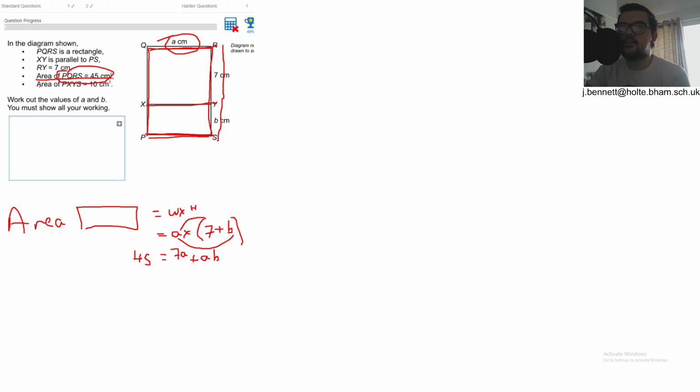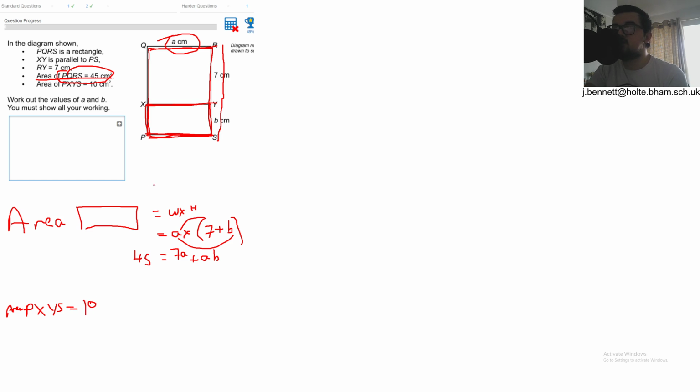Then it says the area of PXYS, so this smaller rectangle, is 10. Sorry, I've written that wrong. PXYS, the area equals 10.